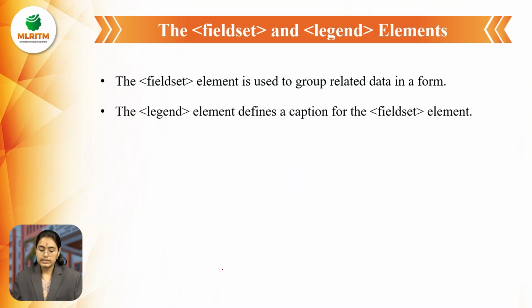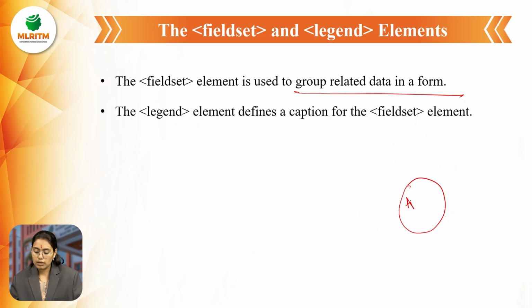Next, coming to the fieldset and legend elements. What is a fieldset? Fieldset is used to group related data in a form. Suppose you want to group related data like apple, banana, mango. So it is related data grouped in a form. Now to indicate this as a fruits group, I am writing this as fruits.